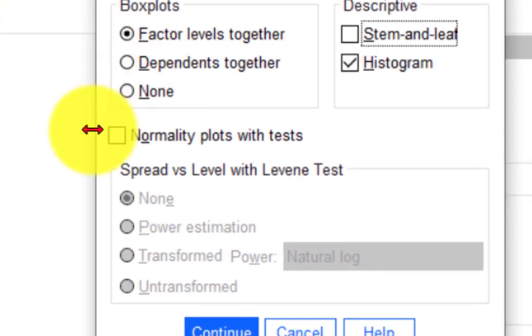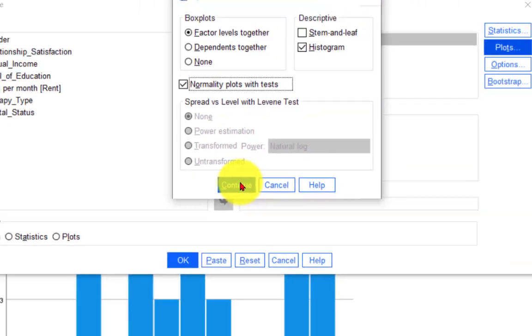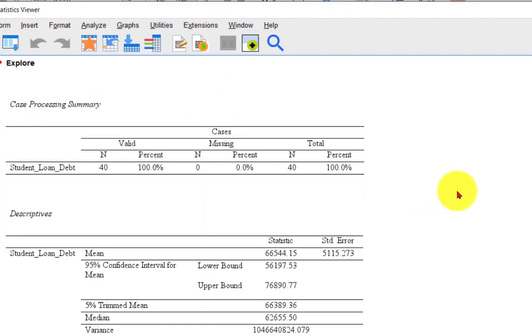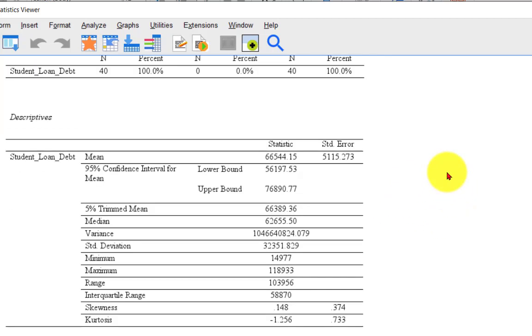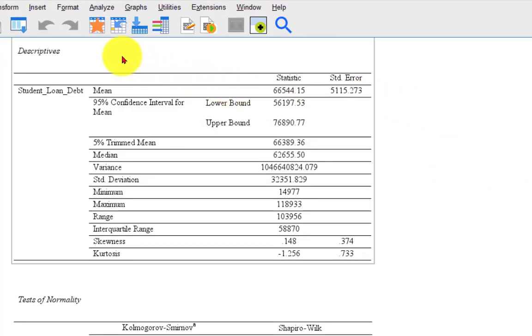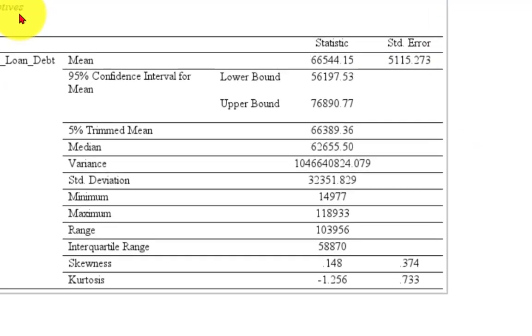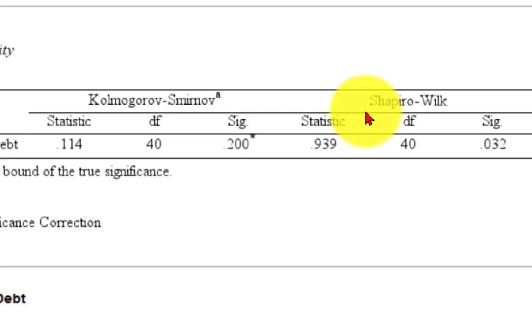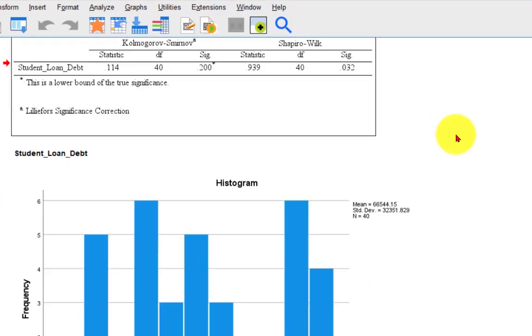And, very important, this normality plots with tests, that's the main one. We're going to go by these tests to tell you if it's significantly violating the assumption of normality first. But with the explore function and descriptives, you get all the descriptives there are, right? You get the mean, the standard deviation, the min, the max, etc. But this is your money box right here at normality.